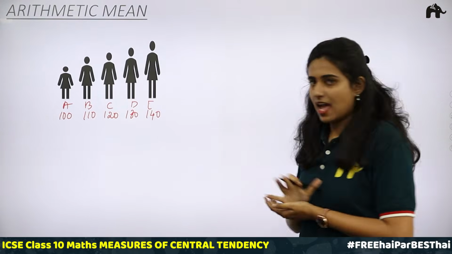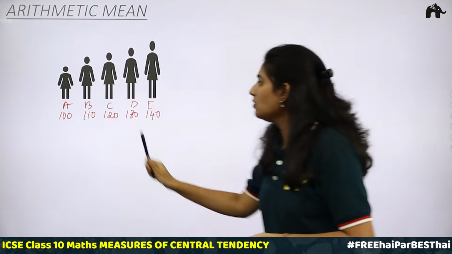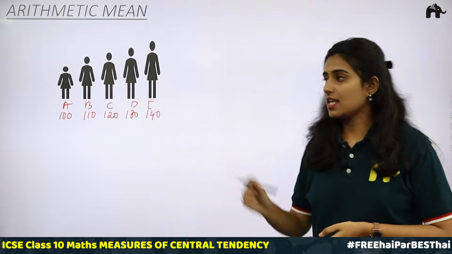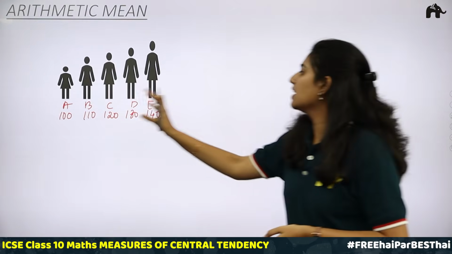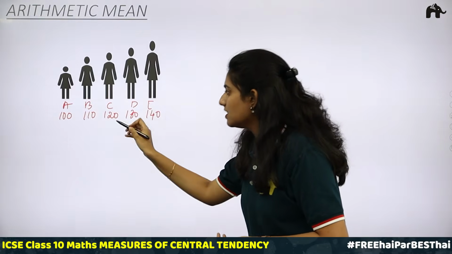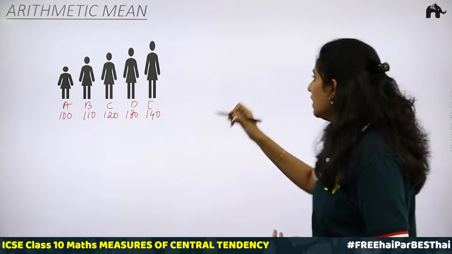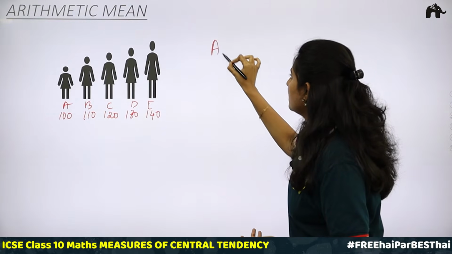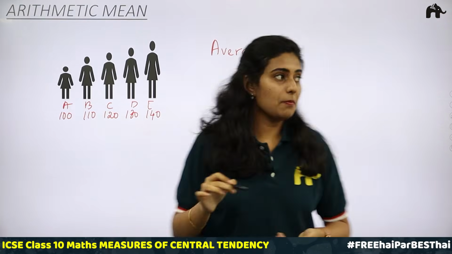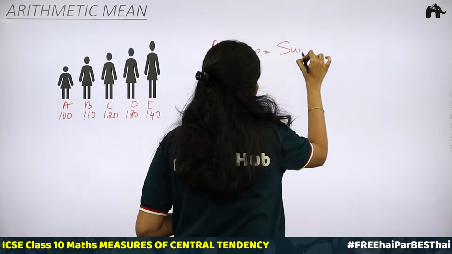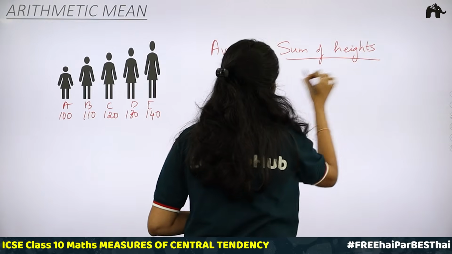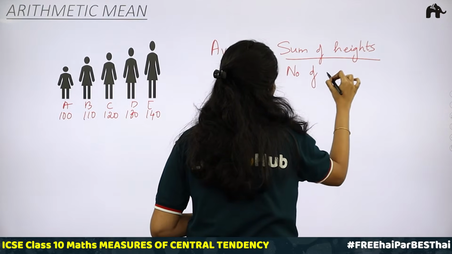In order to find the average, you will have to take the sum of all the values of height of the 5 students and then divide it by the number of students. Here we have 100, 110, 120, 130, 140. In order to find the arithmetic mean or the average, average will be equal to sum of heights divided by number of students.